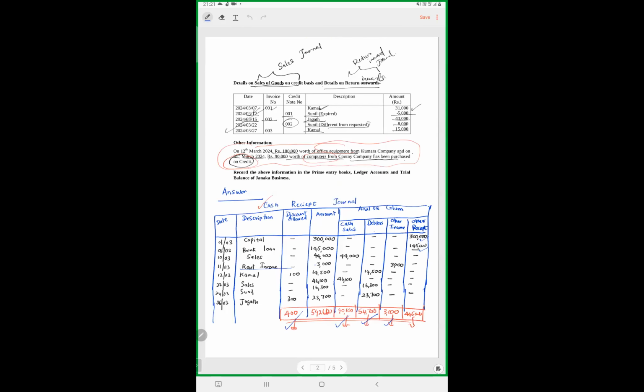Now we have almost completed the cash receipt journal. Let's come to the cash payment journal. The same thing we can do here as well.